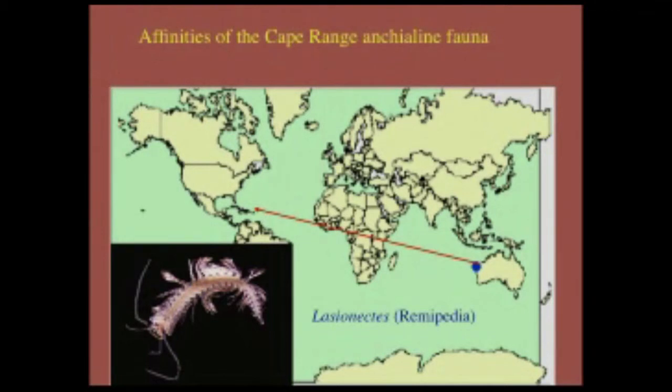This belongs to a genus called Lasionyctes. The only other Lasionyctes occurs on the Turks and Caicos Islands, which is exactly on the other side of the world. You see, absolute antipodes of Cape Range. I actually got my colleague in America was going to try and resample the ones in the Turks and Caicos so we could do some molecular comparisons.